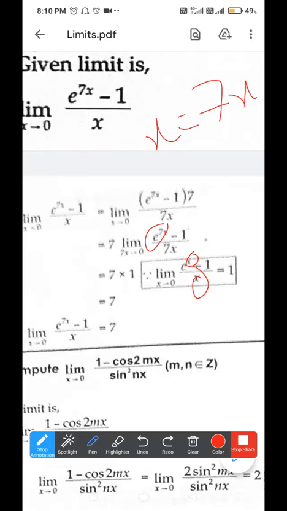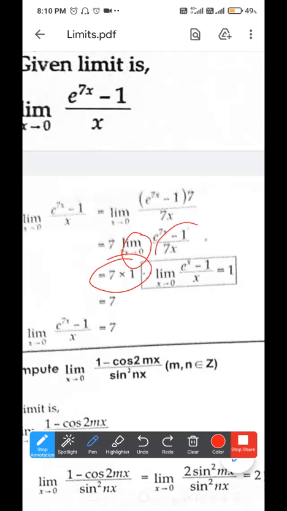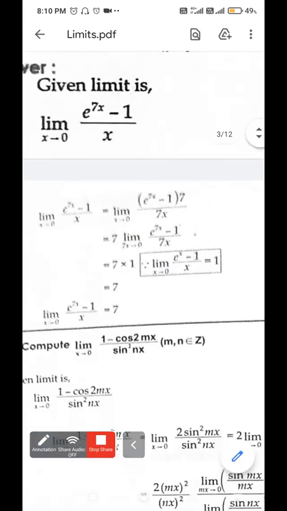Limit x tends to 0, e power x minus 1 by x is equal to 1. So e power 7x minus 1 by 7x will become 1 according to the formula. 1 into 7 is 7. Got it?